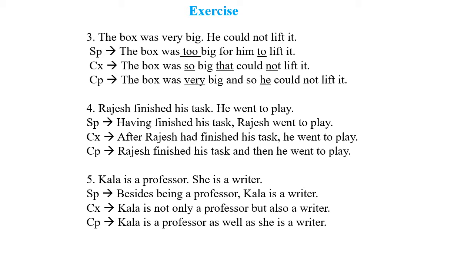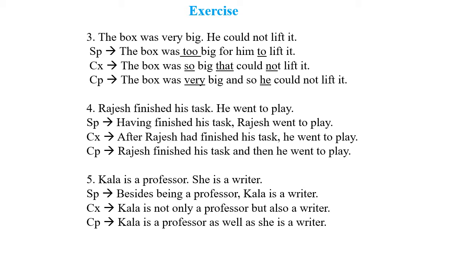Okay. Then fourth sentence. Rajesh finished his task. He went to play. So this sentence we can take it as time reference. In time reference, we are having two types, on plus verb plus ing or having plus v3.